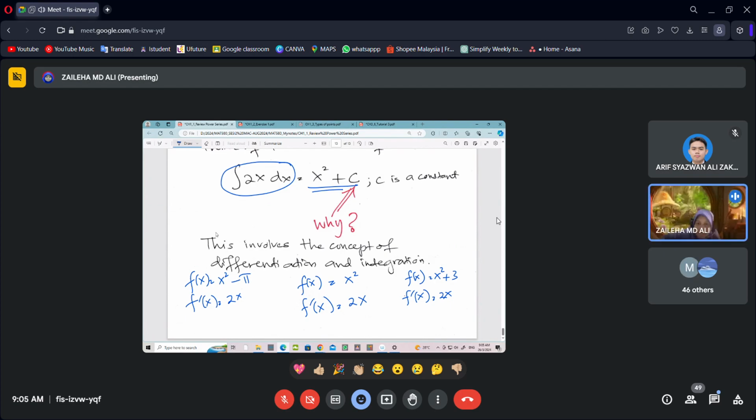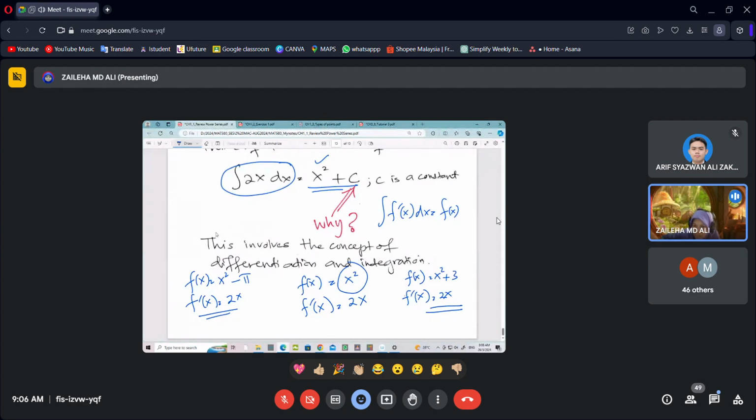We know that integration of the derivative gives us back the function. 2x, if you integrate, you get back the function x squared, correct? But there are many more functions with that derivative. This one is also a derivative, and this one too, where you have a different function.